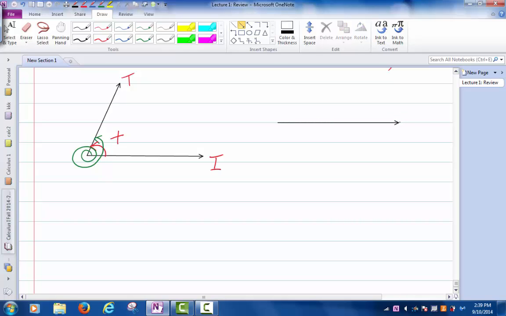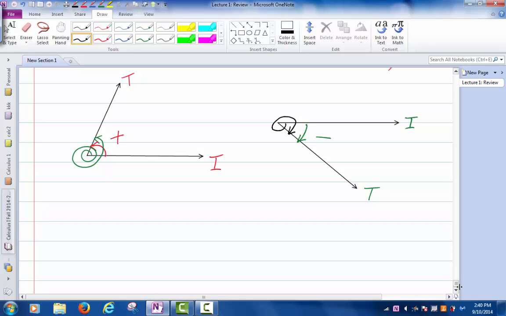So this is the initial side, this is the terminal side, and now you revolved clockwise. That's the negative angle. Is everybody okay? Now you might also make one complete revolution and then come back here. Still a negative angle. Again, negative simply means you revolved the terminal side clockwise. Positive means counterclockwise. Is everybody okay with that?